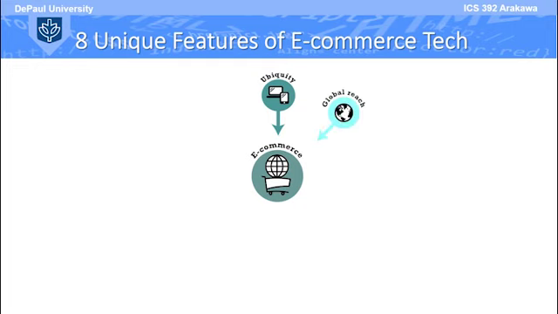The next feature is global reach, and you'll notice that a lot of these features of e-commerce really come from the internet and the global reach that we have through the internet. We'll also see, as we're looking at some of these features, that while they are beneficial in a lot of cases, there are some drawbacks, and we'll talk about those.